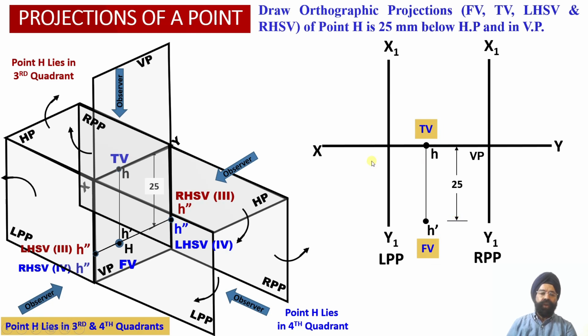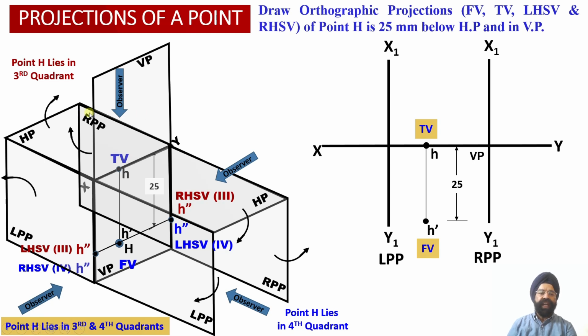Now when the observer looks at this point H from the top view orientation, since this point H is contained by the vertical plane, the top view projection of this point H will be located onto the XY reference line just above the front view projection, on the same vertical projector locus line. So we have obtained the top view orthographic projection of this point H into the horizontal plane over here.